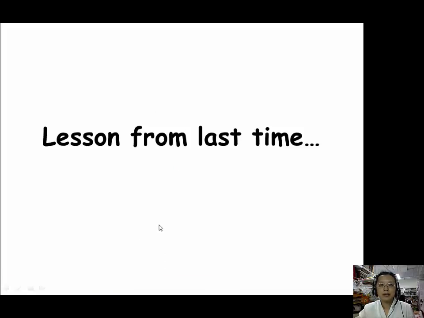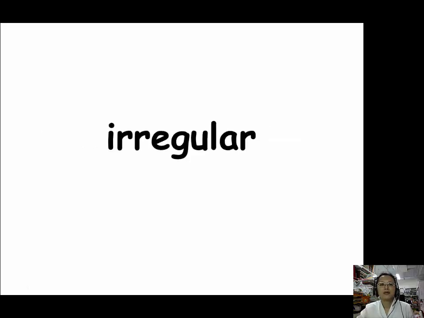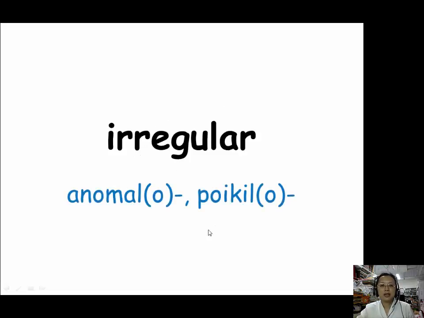Hello everyone. Today we are going to proceed to lesson 24. But first, we need to review what we learned last time. For the last part of lesson 23, we learned that when we want to describe irregular, we could use these two prefixes, anomalo, anomalous, and poikilo.